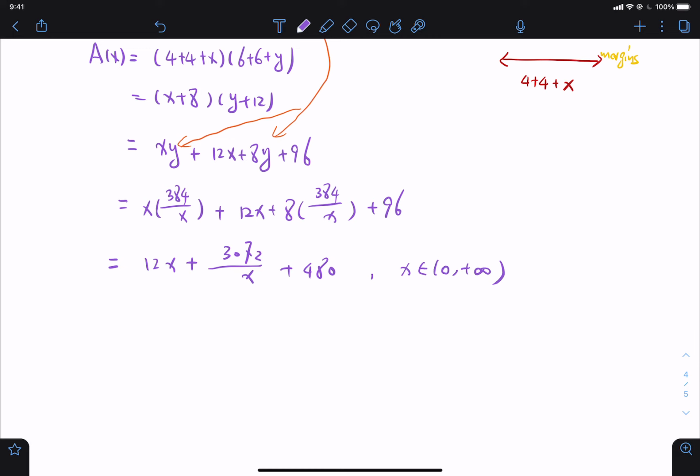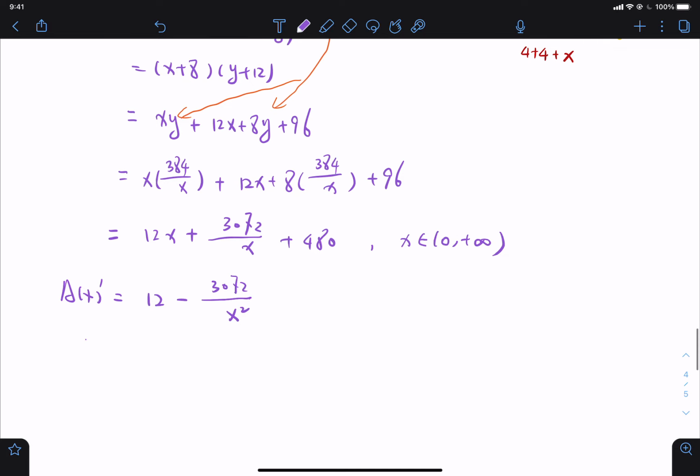Now to determine the min or max value, we need to take the derivative. That is equal to 12 minus 3072 divided by x squared, just by using the power rule. We let this equal 0.